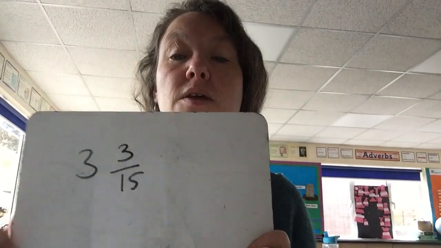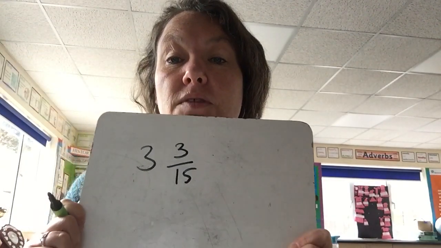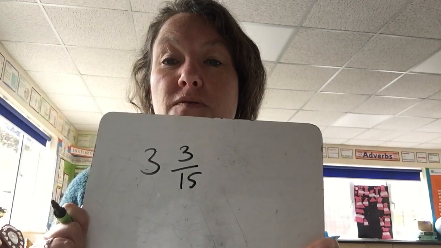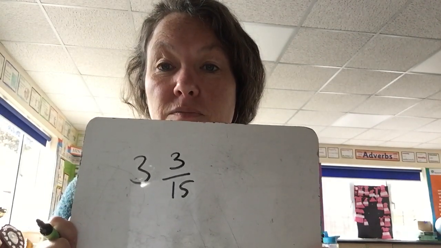I think that's all I need to tell you. One more thing. If our answer was 3 and 3/15, so if we ended up with a final answer of that, that is fine, but you'd be better off if you then simplified that answer.